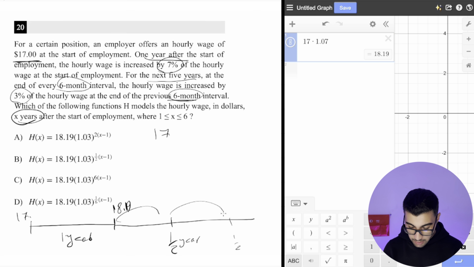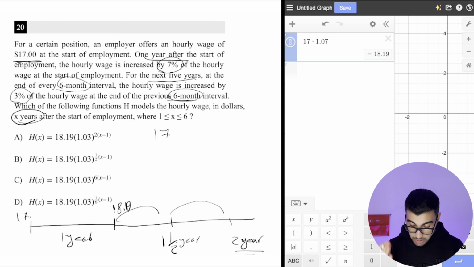So you go half a year here, so here is 1.5 years because you already have 1 year. Another half, here you have 2 years. This is not the way you should solve the question. I'm just explaining the question to you. 2 years is going to be here.